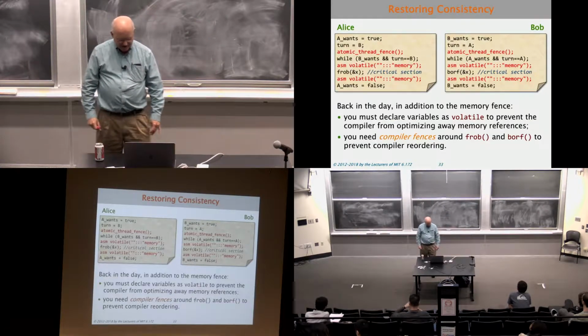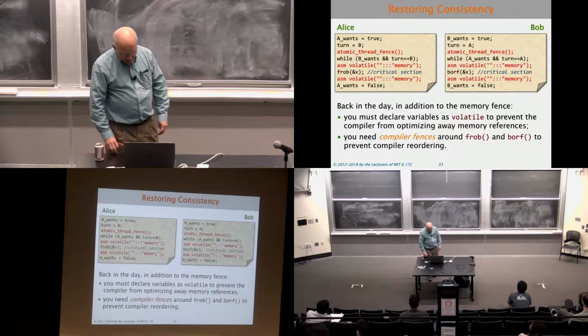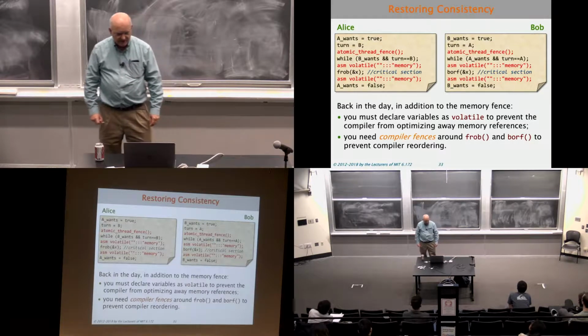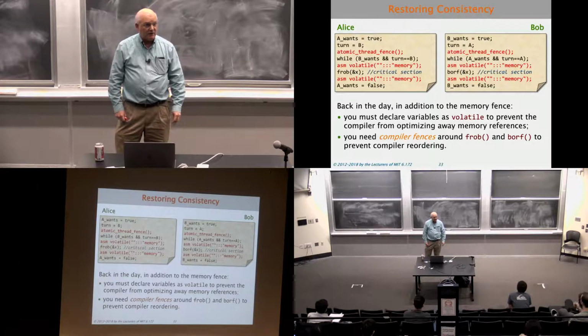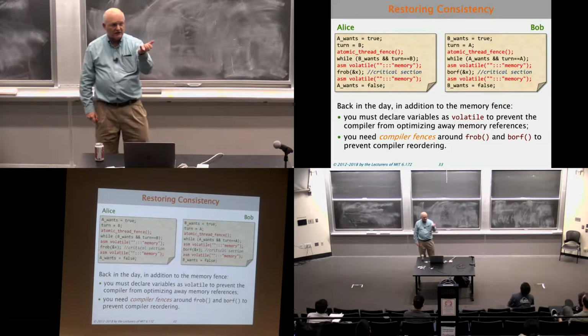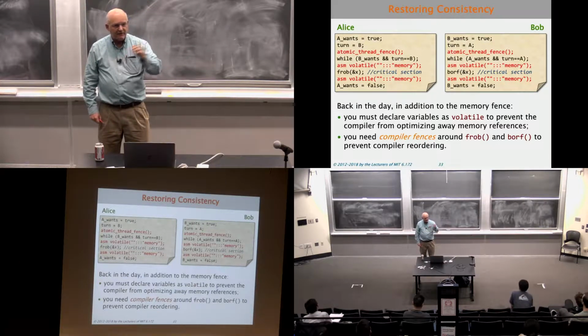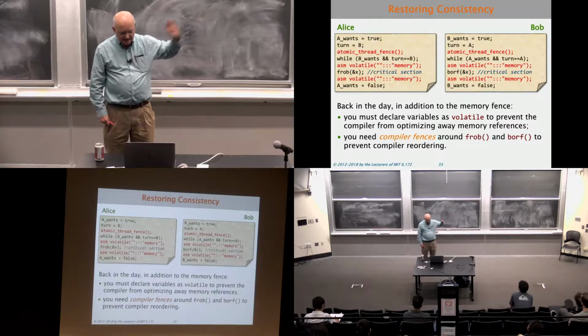So in addition to the memory fence, you must declare variables as volatile to prevent the compiler from optimizing them away. When you declare something as volatile, you say even if the compiler reads it, when it reads it a second time, it's still got to read it a second time. It cannot assume that the value is going to be stable. You're saying it may change outside.